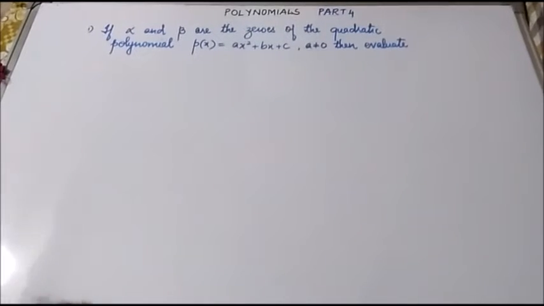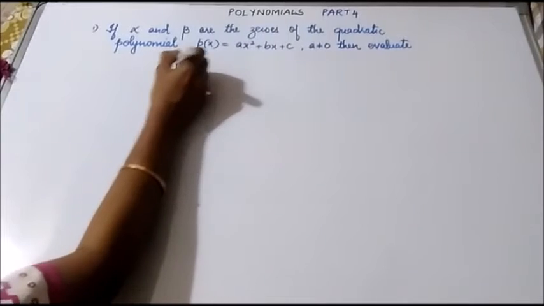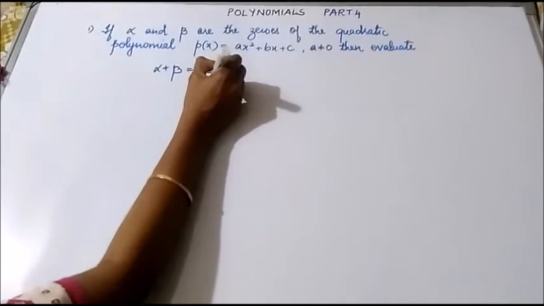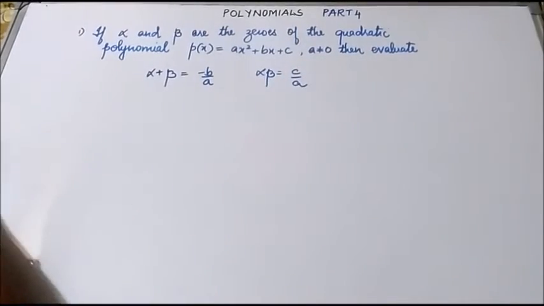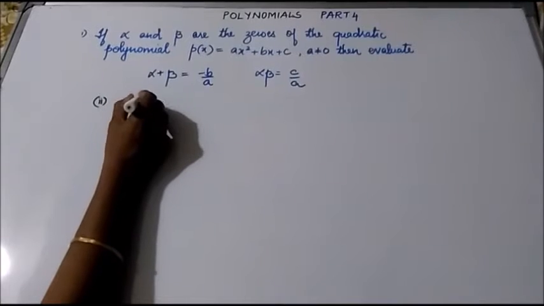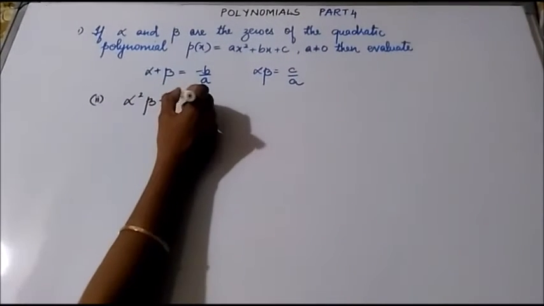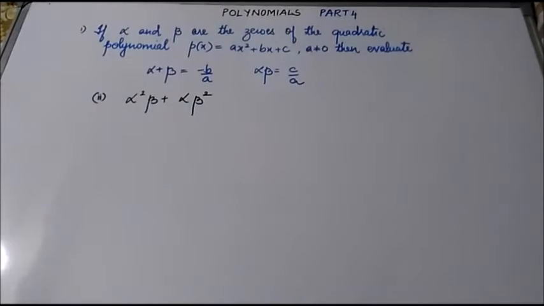Before we go into the next question, let us write here alpha plus beta is equal to minus b by a and alpha into beta is equal to c by a. Okay, the second question is alpha square beta plus alpha beta square. Now in this case, you can see common.